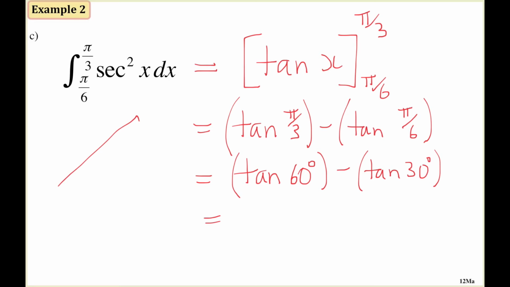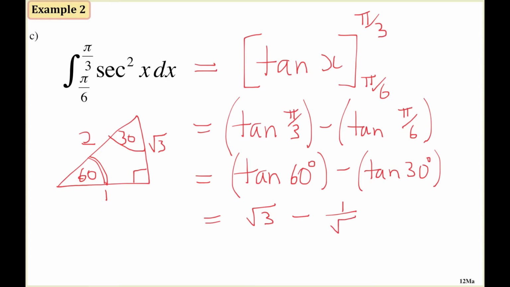If I draw my triangle, 60, 30, 1, 2, root 3. The tan of 60, tan equals opposite on adjacent, is root 3 on 1, which is just root 3, minus the tan of 30, opposite on adjacent, which is 1 on root 3.